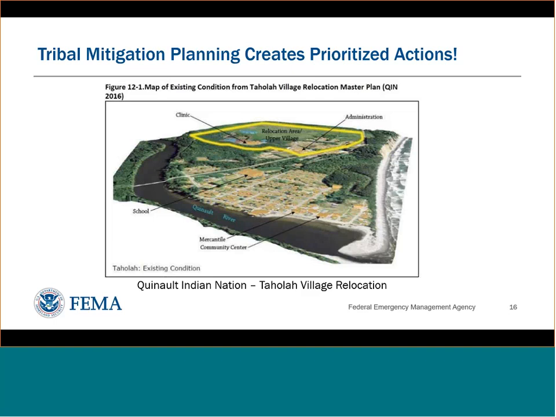While all these structures are definitely important to the community, they can go through this planning process to understand which they may need to prioritize and develop a strategic action plan for ensuring that their community assets are safeguarded. The next slide.